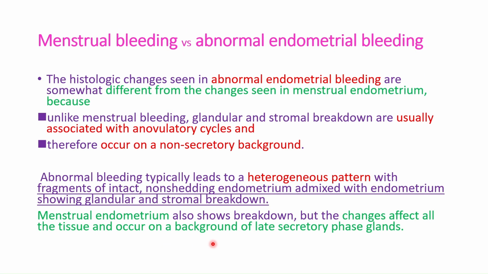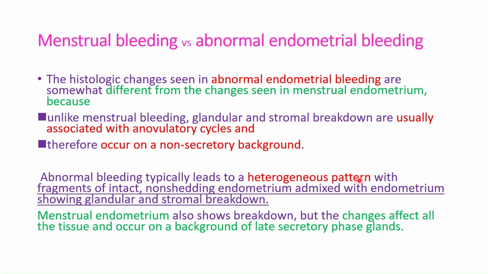Let's discuss this all point one by one. But before that, what is the difference between menstrual bleeding and abnormal endometrial bleeding? The histological changes seen in abnormal endometrial bleeding are usually associated with anovulatory cycles and occur on a non-secretory background.